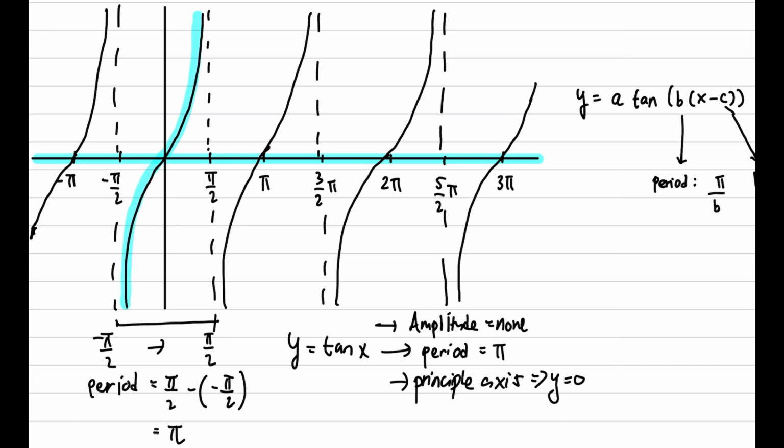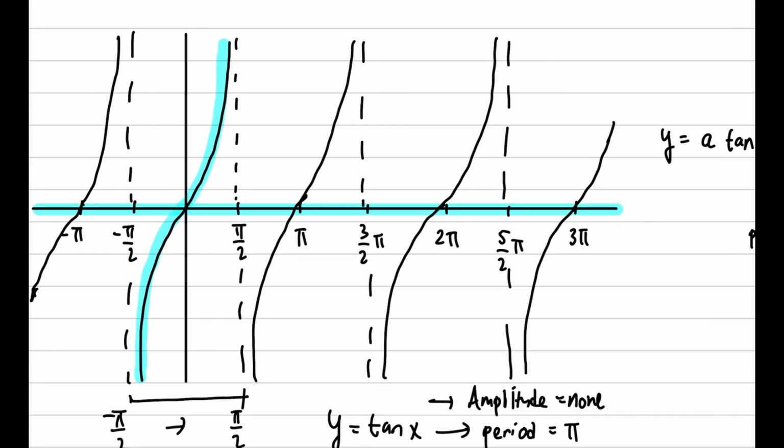Now, as you can see in y equals tangent x, the graph will repeat the shape because it's a periodic function similar to sine and cosine. But if you pay attention here, we have a vertical dash line that indicates the asymptote. So all of the dash lines, we call them the asymptote. What is the asymptote?